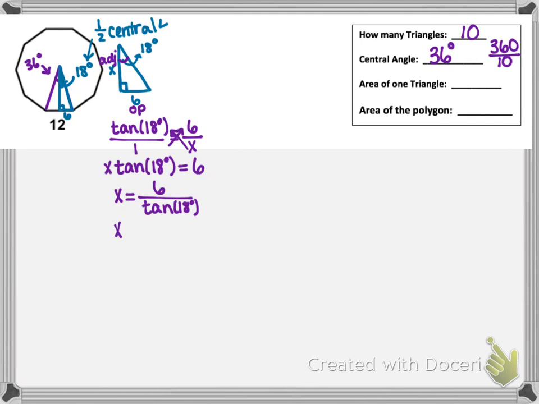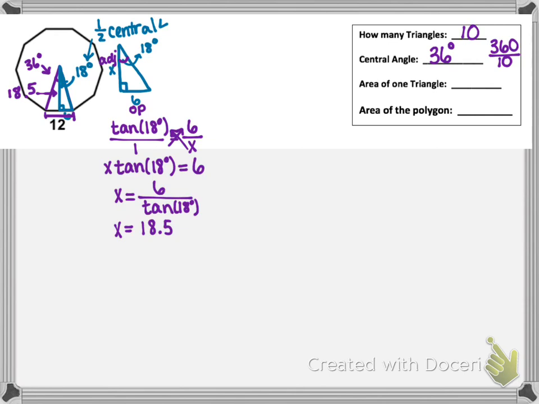And when I pop that in my calculator, I'm going to end up with 18.5. So that is going to end up being our apothem right here of this triangle, 18.5.